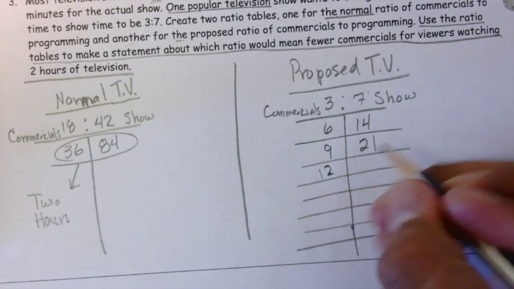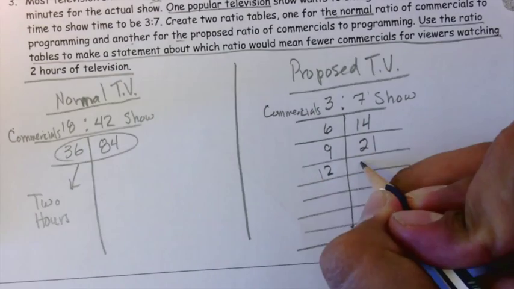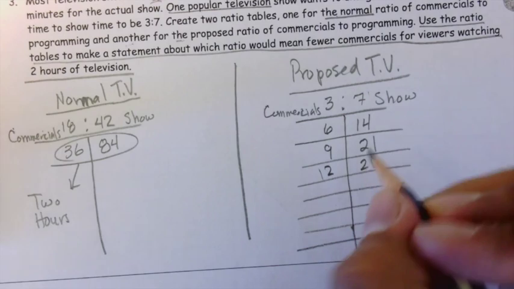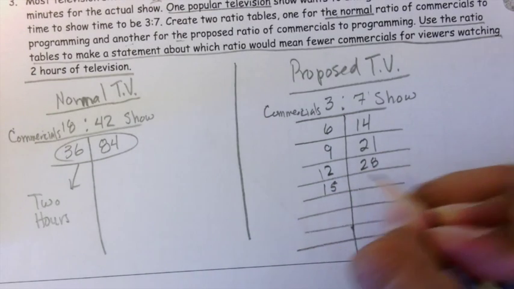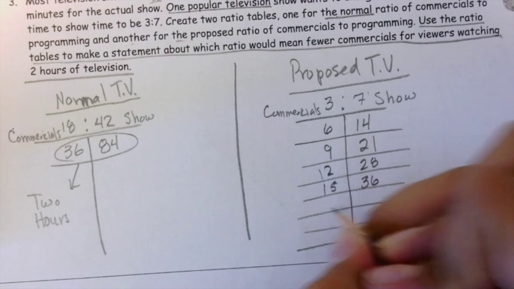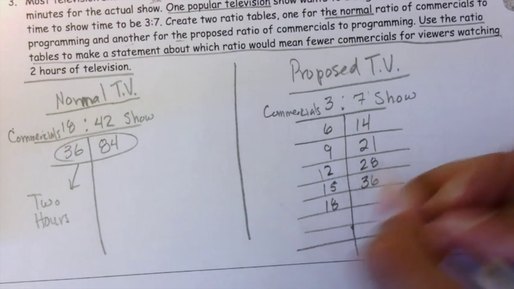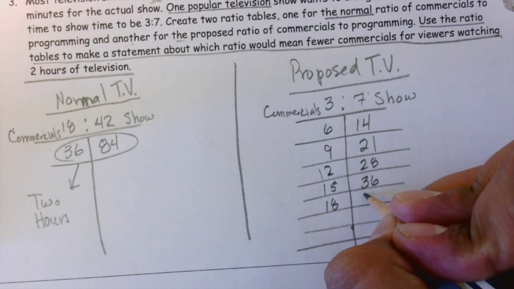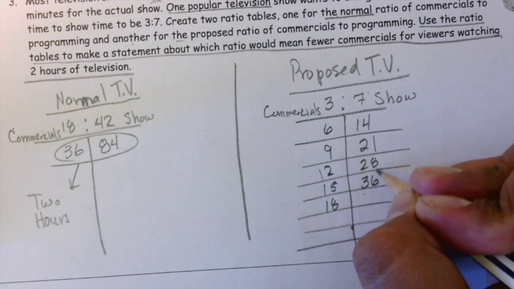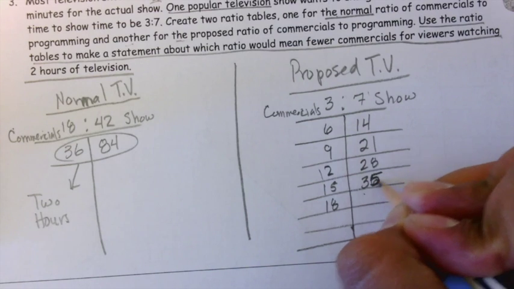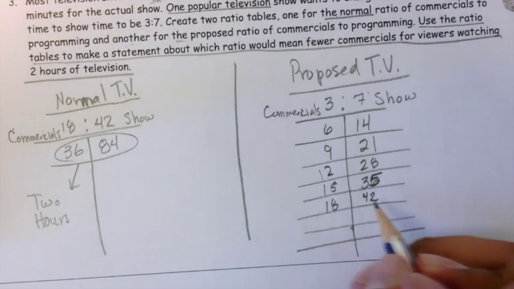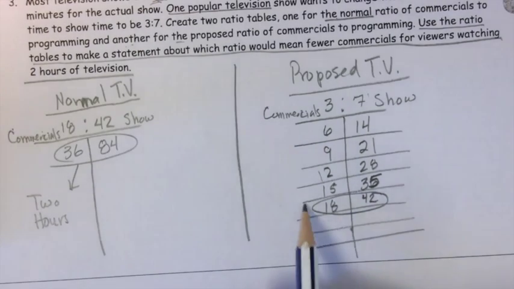All right, 12 and 28. Somebody stop me once we get to 60. 15 and 35. 18 and 42. Wait a second. That's the same number as the normal one.